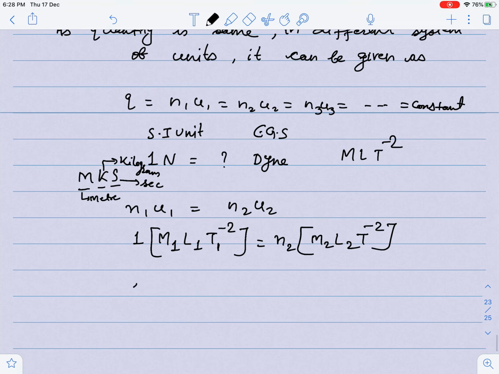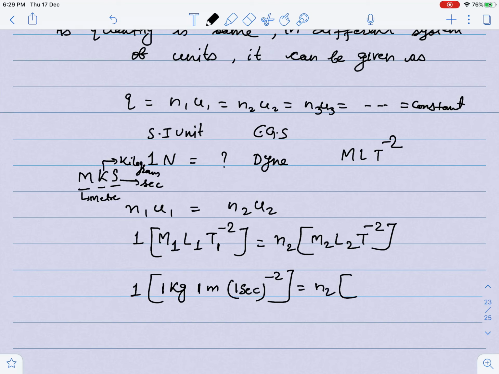So for the SI or MKS unit, m1 is 1 kg, l1 is 1 meter, and t1 is 1 second to the power minus 2. Can I write it like this? What I have done is written mass in kilogram, length in meter, and time in second.